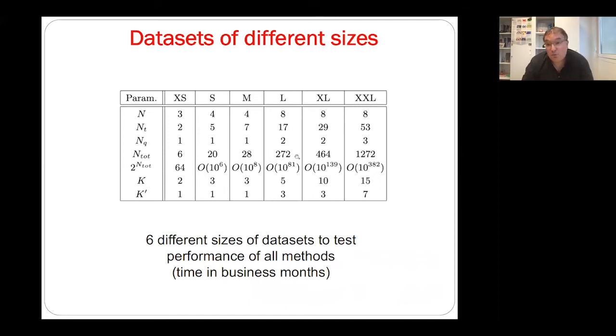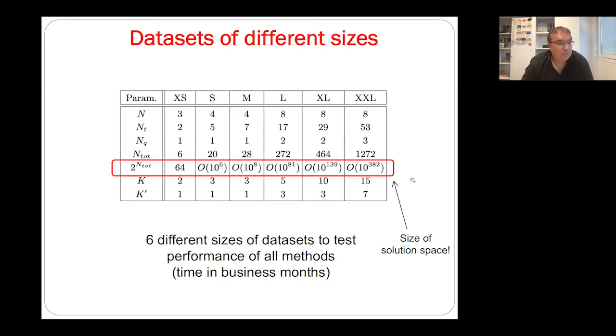And now the size of the solution space is of the order of 10 to this number. Well, it's actually 2 to the power of this number. And you know that we go from 64 to something of the order of 10 to 388, which starts to be already very large, okay? And the time here was taken in business modes, but that's maybe less important.